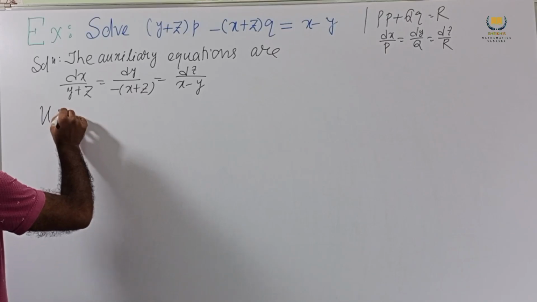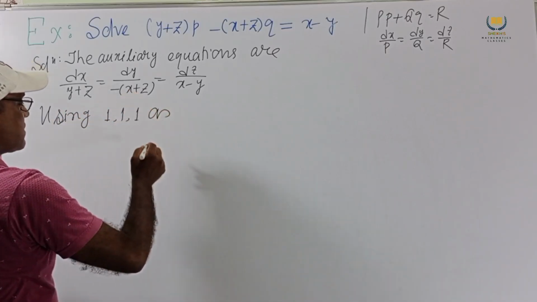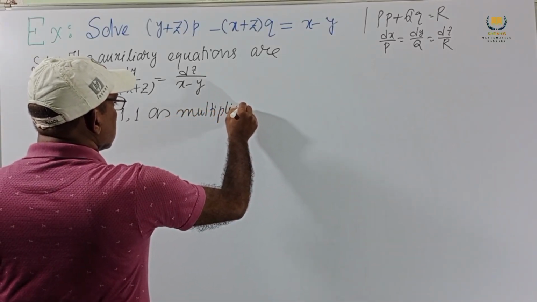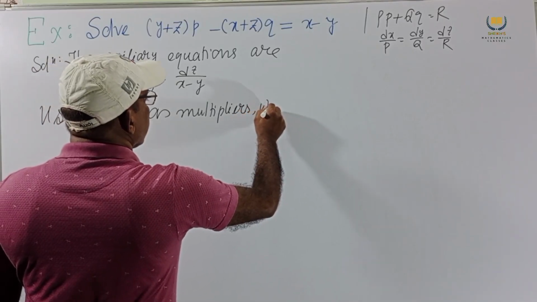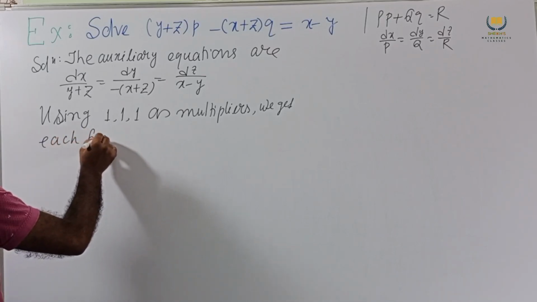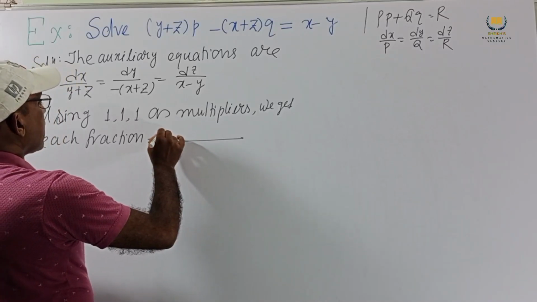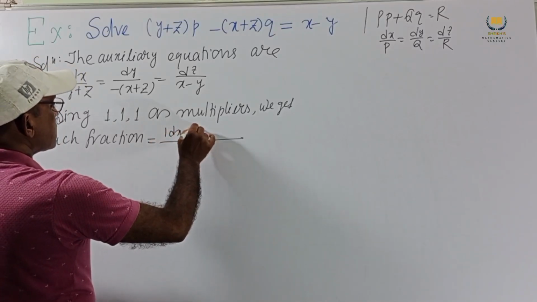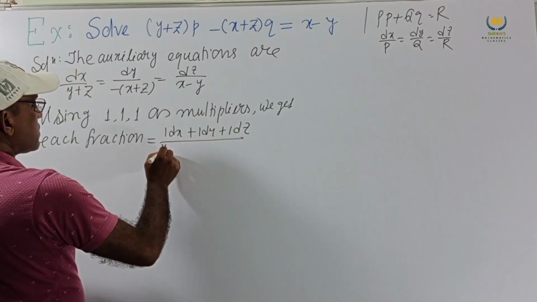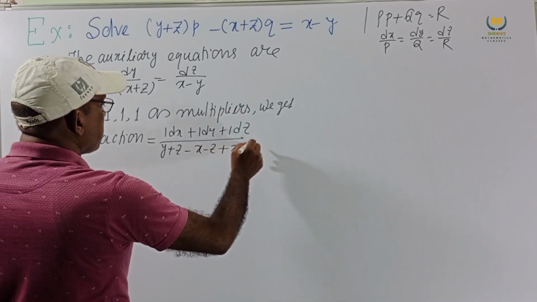Using 1, 1, 1 as multipliers, we get each fraction equal to 1 dx plus 1 dy plus 1 dz over y plus z minus x minus z plus x minus y.